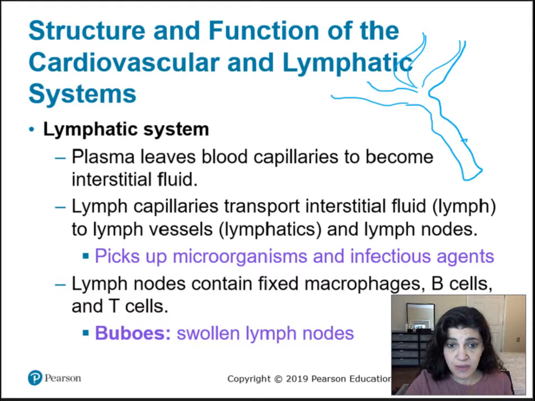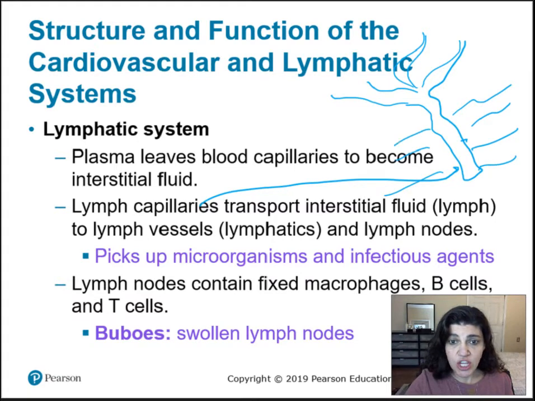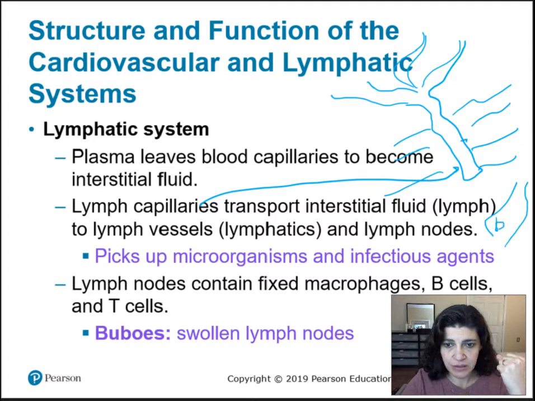So this is the lymphatic capillary, right? So what happens here? This is in the tissue, right? So let's say this is the tissue, and you have lymph, which is fluid that came from the blood. So this is a capillary here, right? This is a blood capillary.